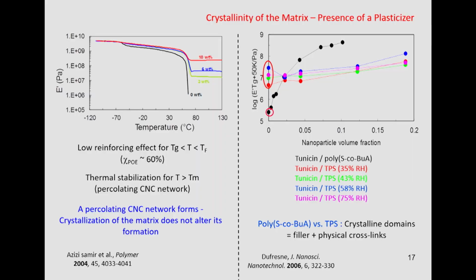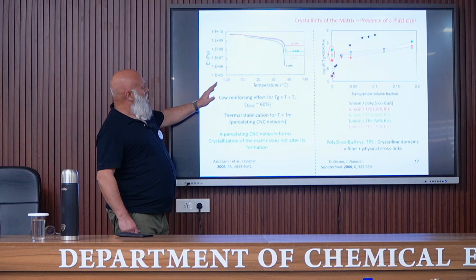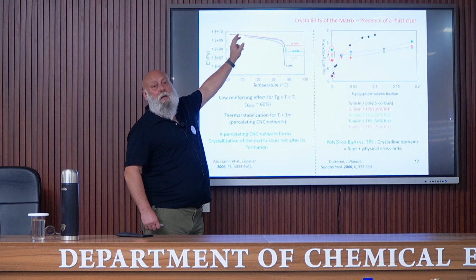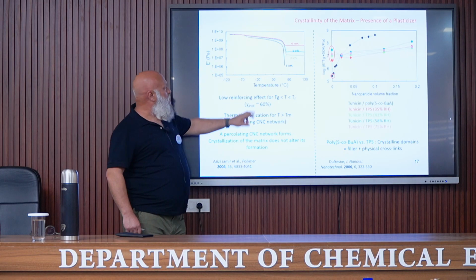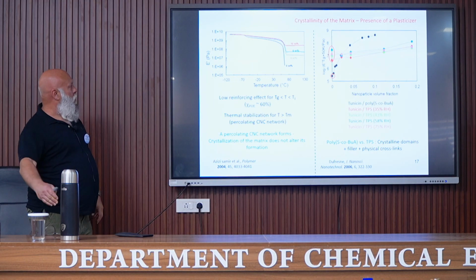So maybe I can pass fast on this. This is also with Tunisian nanocrystals, but in this case the matrix was polyoxyethylene, a semi-crystalline polymer. We can see the dynamic mechanical analysis of this material. For the pure matrix, we have a very weak drop at Tg because of the crystallinity of the matrix. Then when the polymer melts, of course, we observe the flow.